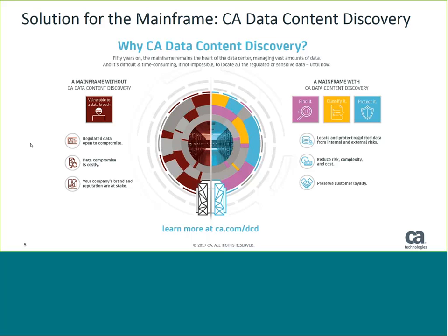And their world changes then, as we see on the right, where they have something available to them in CA data content discovery that lets them automatically find the regulated or sensitive data, classify it, and then take appropriate steps to protect it.